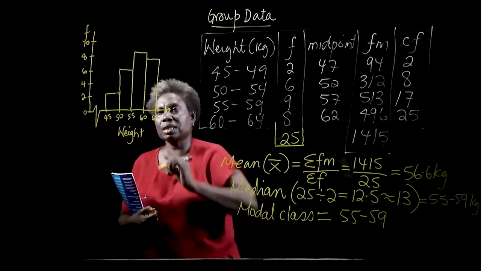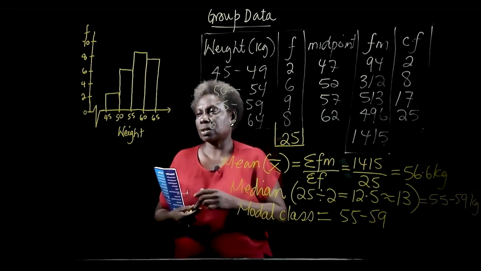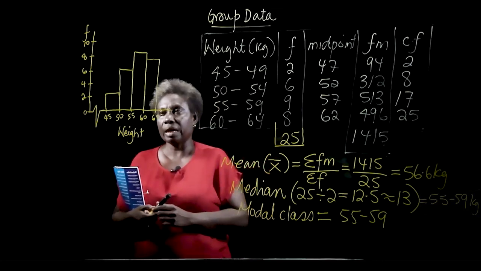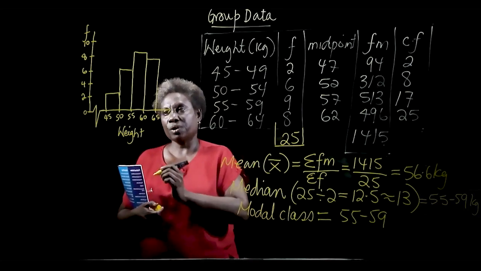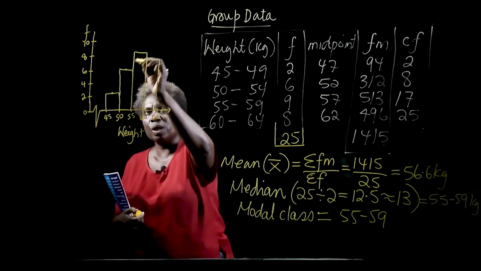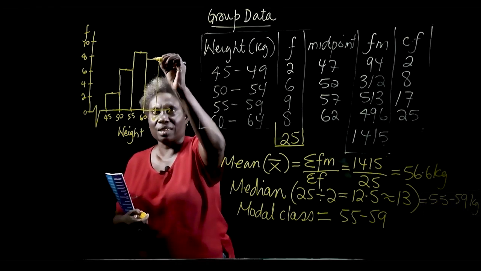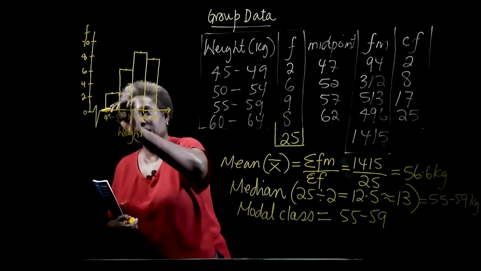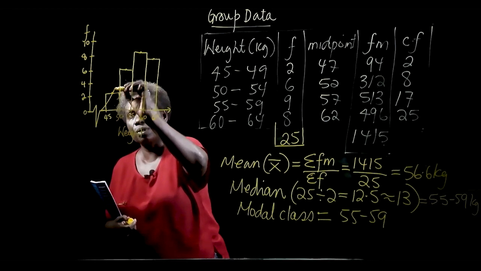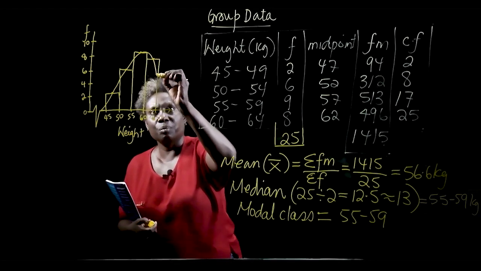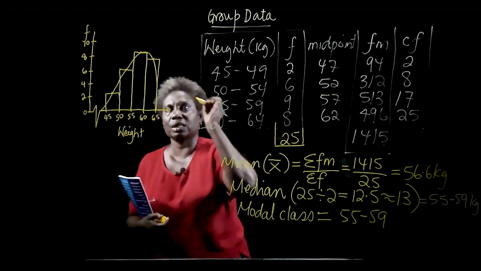This is the graph that shows the weights of 25 students. Now we can draw what we call a frequency polygon, which joins the midpoints of the bars. We start from the midpoint of 45 and join all the way to 65.